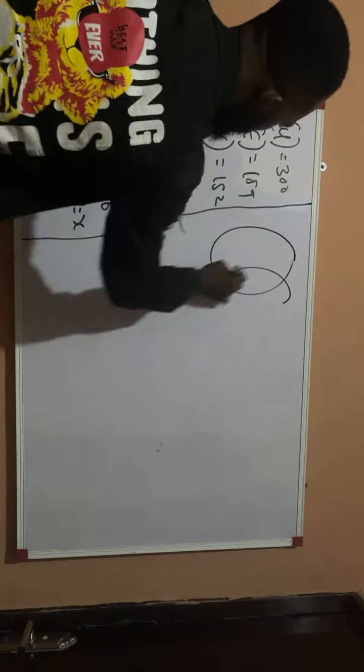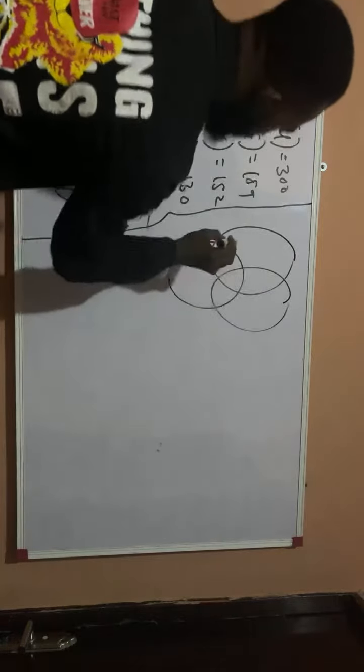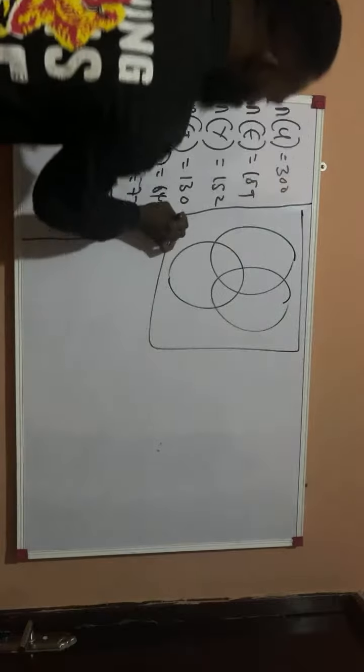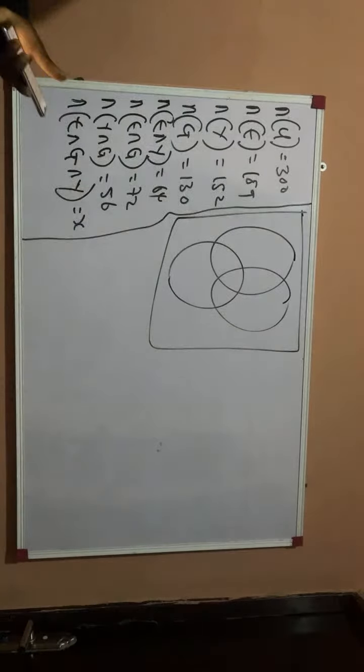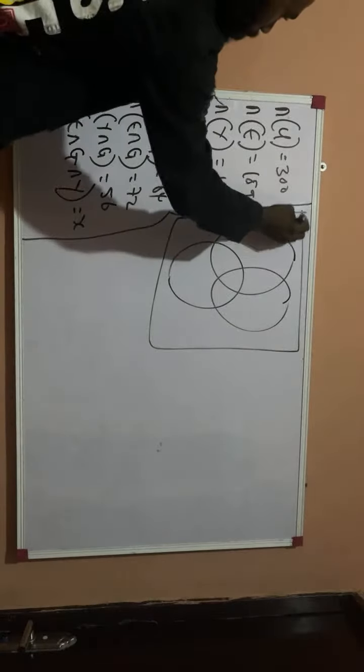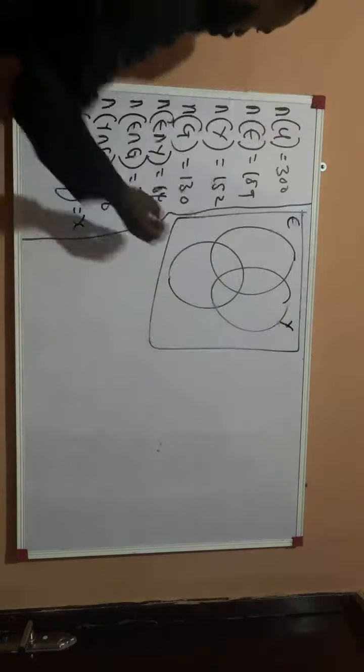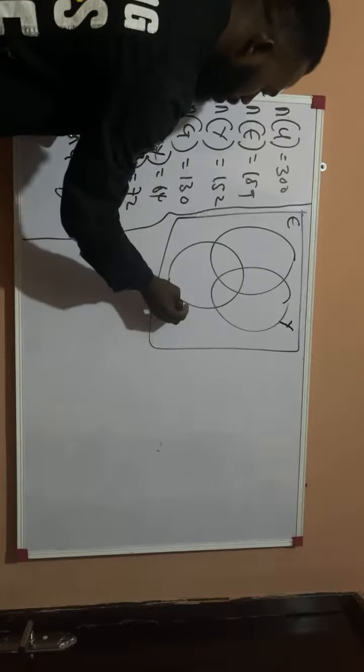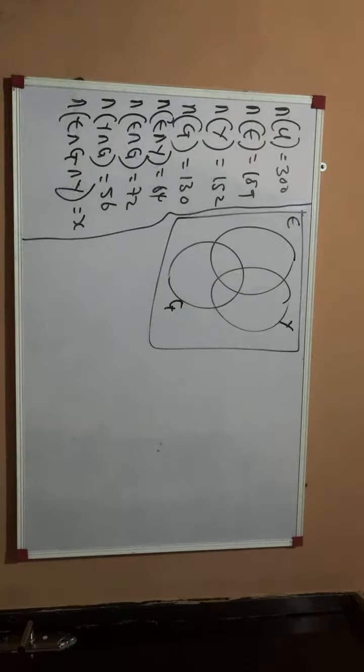So let's go. 1, 2, and 3. Now let Efik be this circle, Yoruba this other circle, and Guape the last circle.